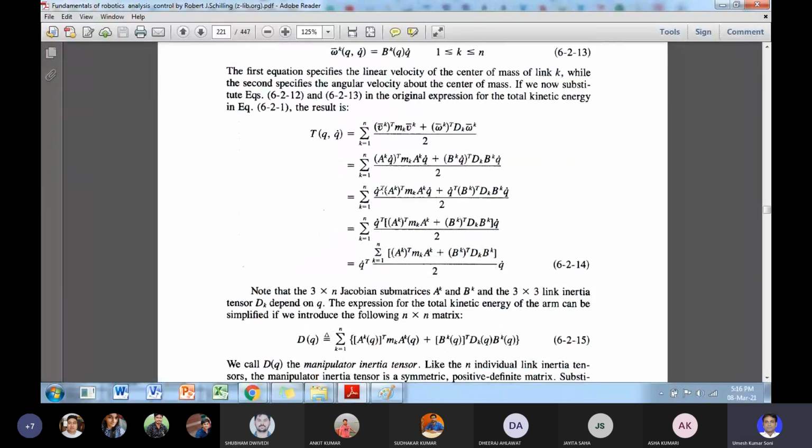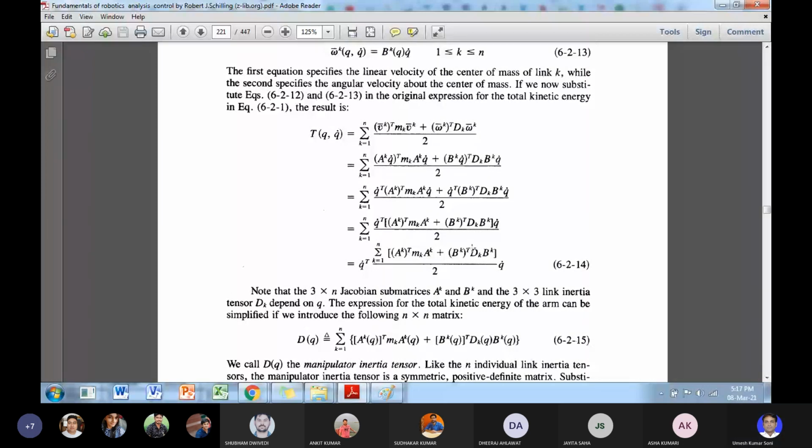So what we get is q dot transpose AK transpose Mk AK q dot. Here q dot transpose and q dot are kept isolated, and the remaining item is AK transpose MK AK. So this is defining the inertia converted to the base frame.